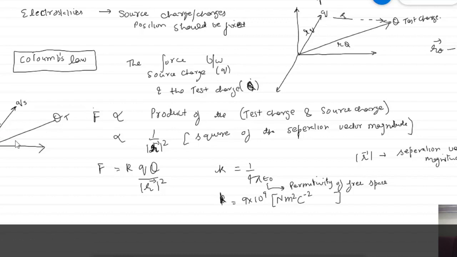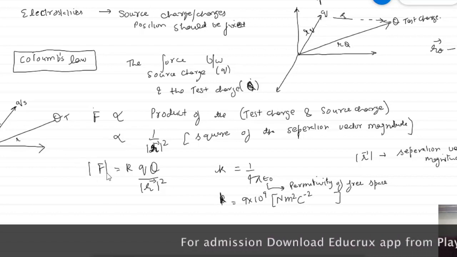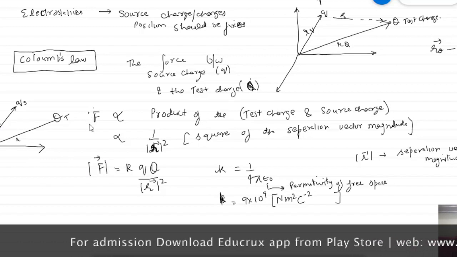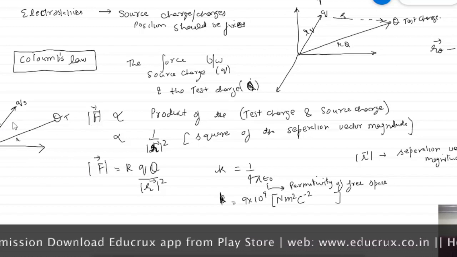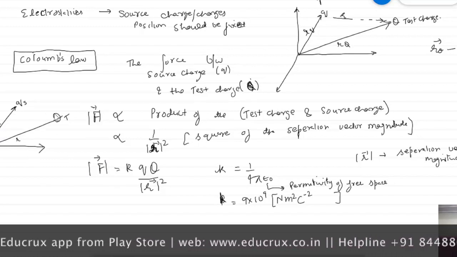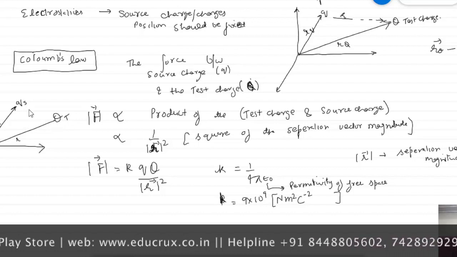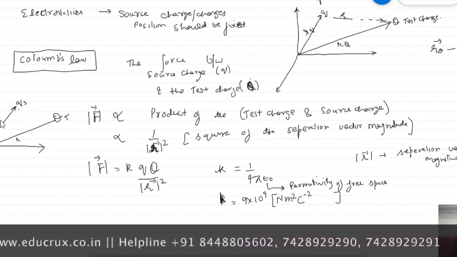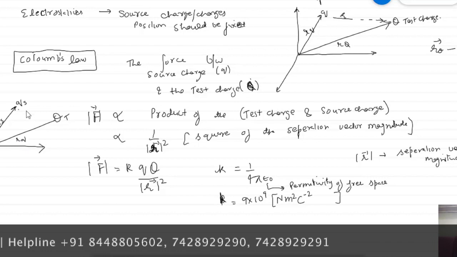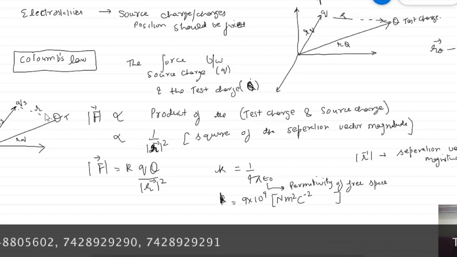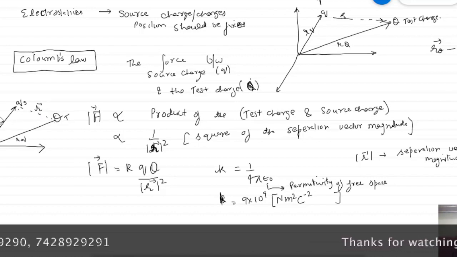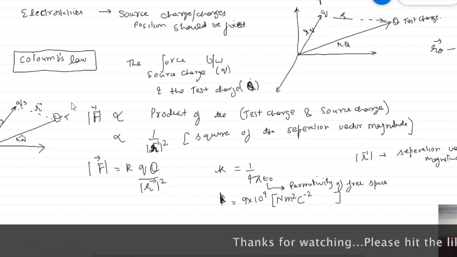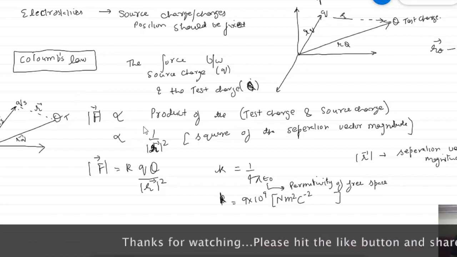And if these are the respective position vectors for the source charge and the test charge, so this is RS and this is RQ and this is R vector. So this is the separation vector between the charges.